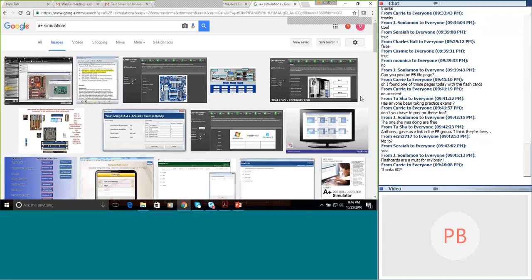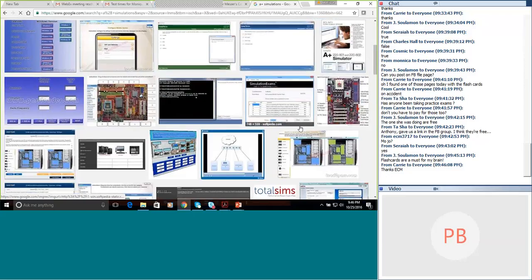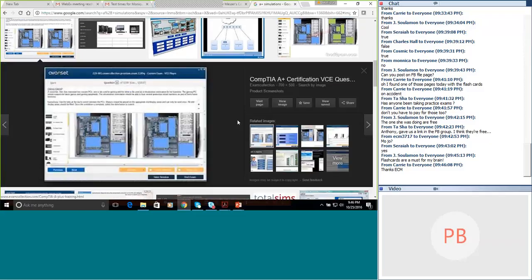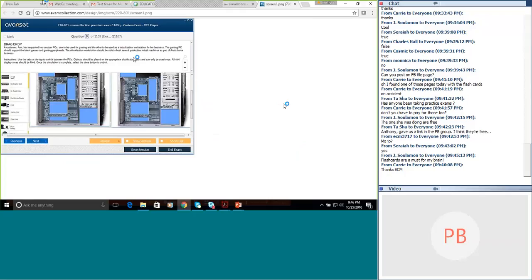So where is it? These are actual simulations from the test. So look, this is the one that says, oh, I don't know if that's clear. Okay, can you guys see that?